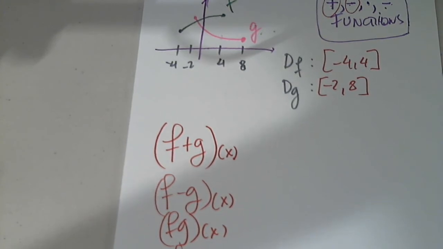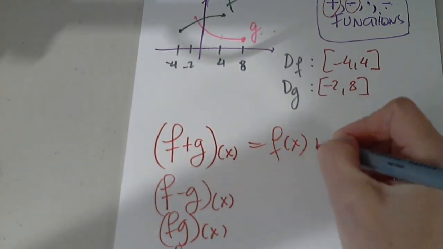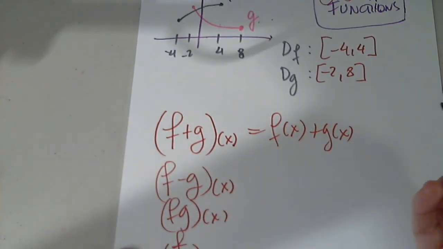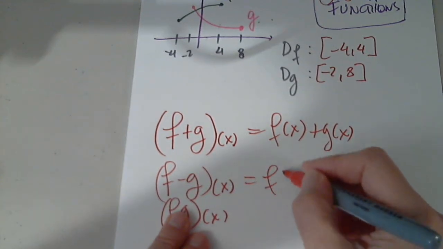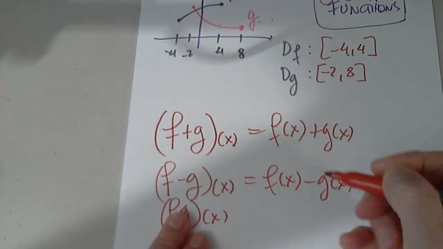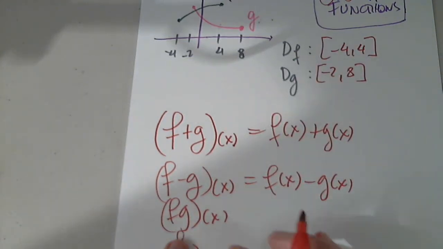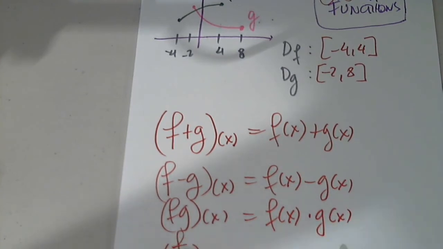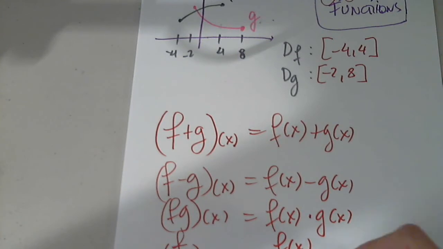So if I ask you, find f plus g of x, you know what to do because the name tells you to add those two functions. If I give you two functions, f and g, and I say, please find f minus g, you will know how to find it. Because the name is self-explanatory, it tells you what to do with those functions. Same thing here, and same here, it tells you what to do with them to create it.